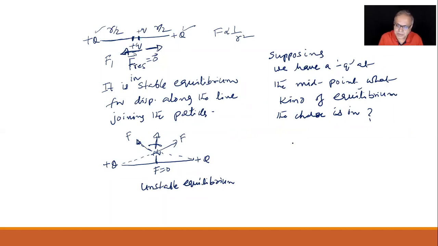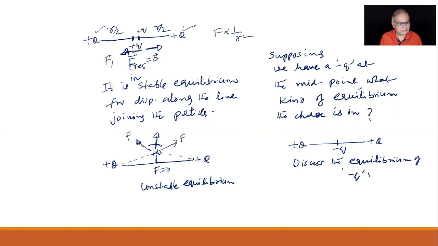Now, supposing I've got the same plus Q and plus Q like this, and I have a minus Q in the middle. How do you describe, how do you discuss equilibrium? I'll write: discuss equilibrium. I'm giving you the opportunity to talk. Discuss the equilibrium of minus Q. Come on.